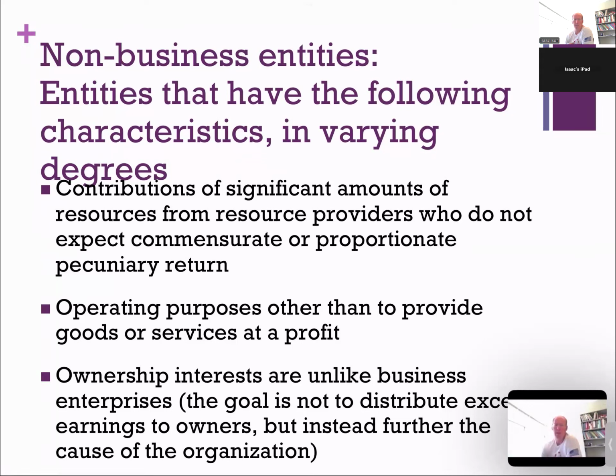In a for-profit entity, we're trying to generate a return and then possibly distribute those earnings to the owners of the company. Whereas in a non-business entity, there's some type of mission or common goal that we're trying to accomplish, and therefore revenue goes toward accomplishing that goal.